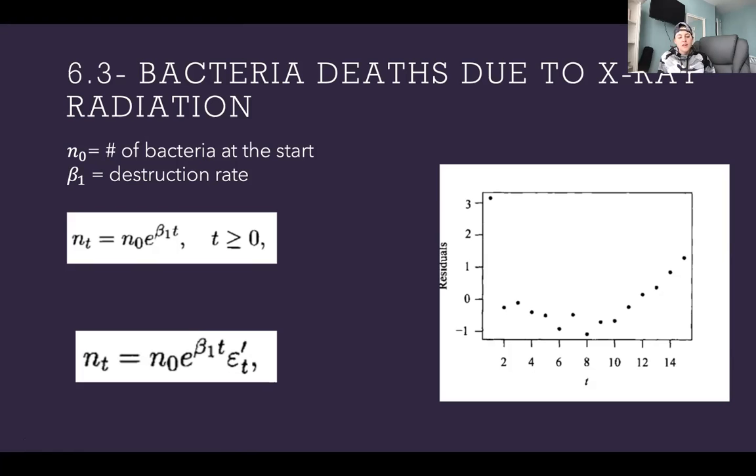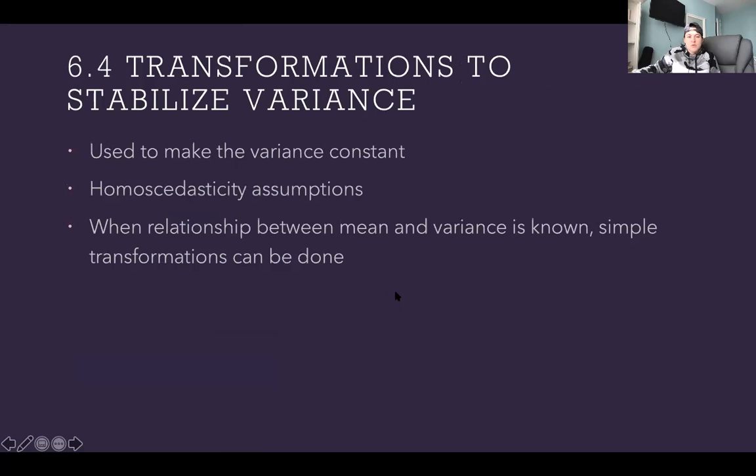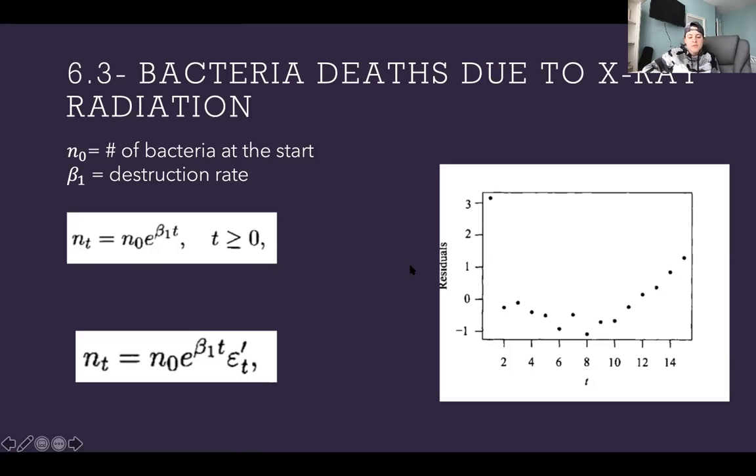So we have the inadequacy of a linear model. Our beta sub 0 and beta sub 1 are constants, and our epsilon sub t are our random errors with 0 means and equal variances.